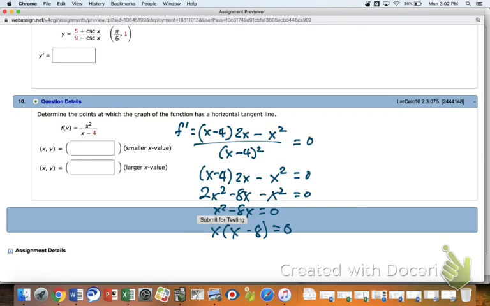Factoring. One of the solutions is 0, and the other is whatever number you have based on your particular question. It wants the x and the y, so you have to take those x's and plug them back in to get the y's.